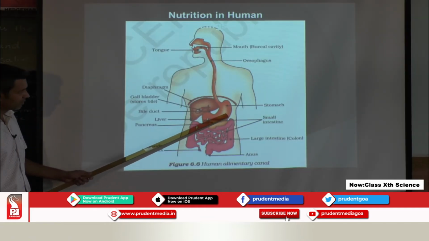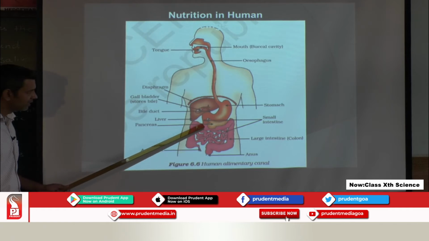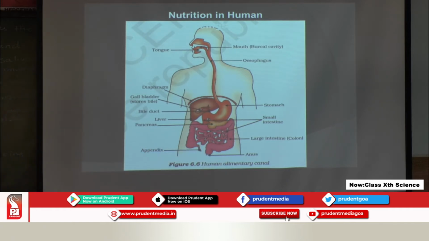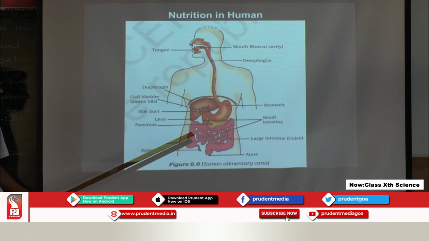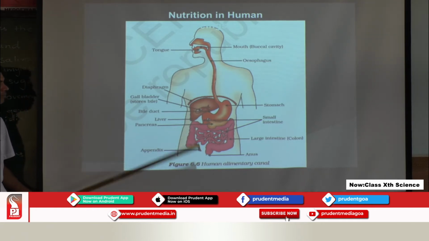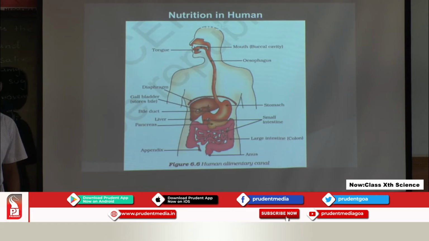So from the stomach, food will enter the small intestine. Now, from the stomach, food enters the small intestine in small amounts, and this is regulated, taken care of, by the muscles which are present where the stomach and small intestine meet.